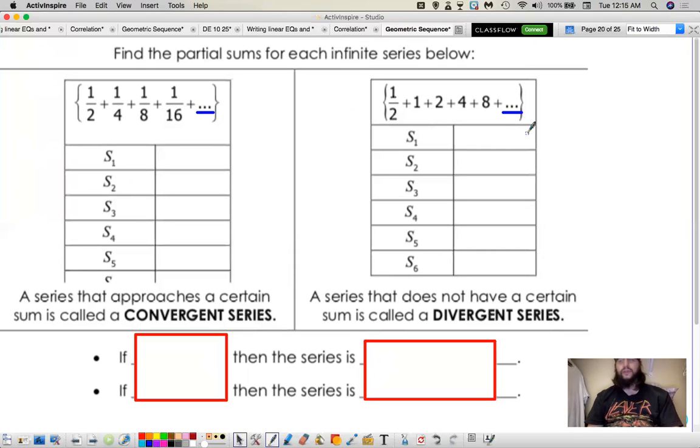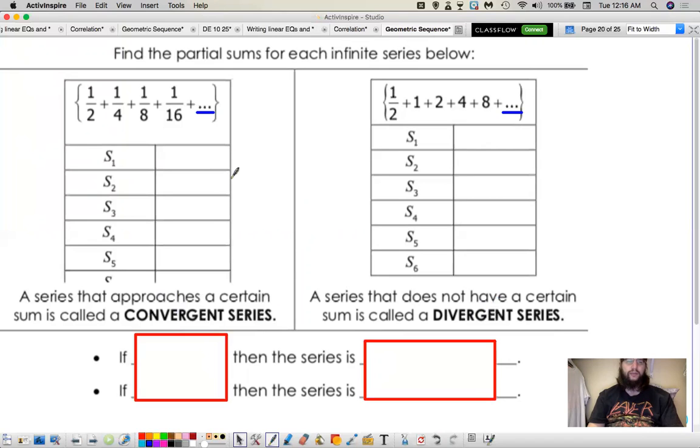An infinite geometric series is just a geometric series that doesn't stop. The sequence is going on forever. Sometimes they'll approach a number. Sometimes they won't. If they approach a number, we say that converges. If they don't approach a certain number, they diverge.